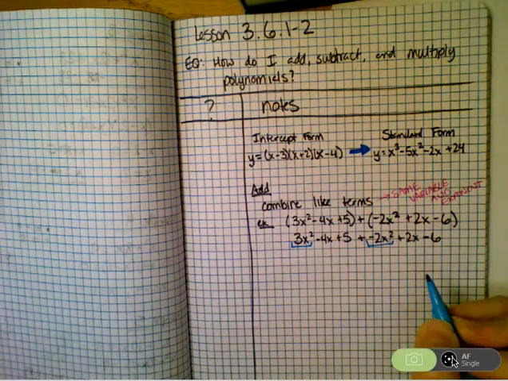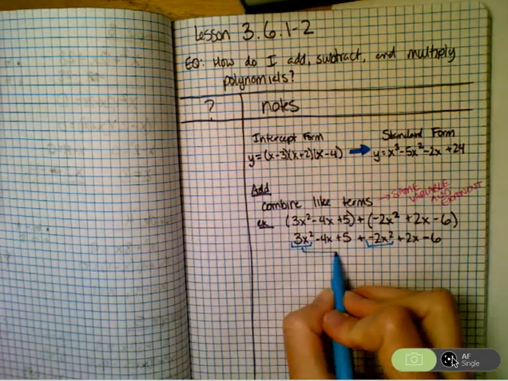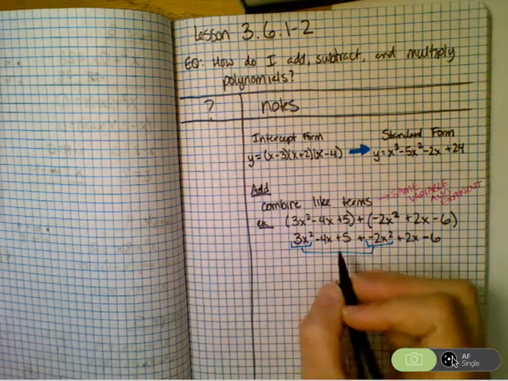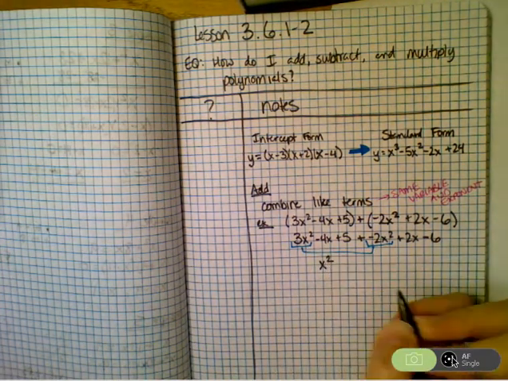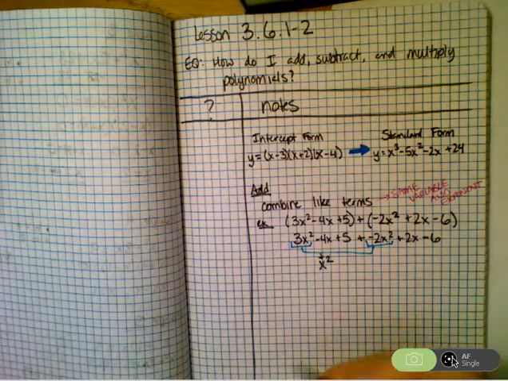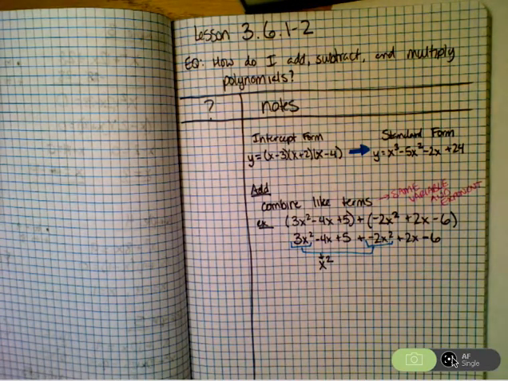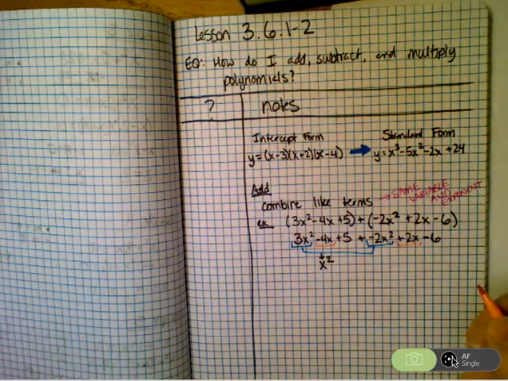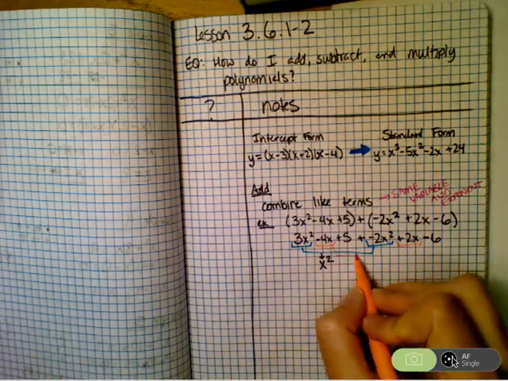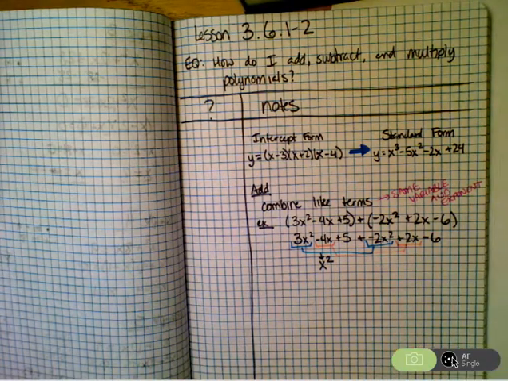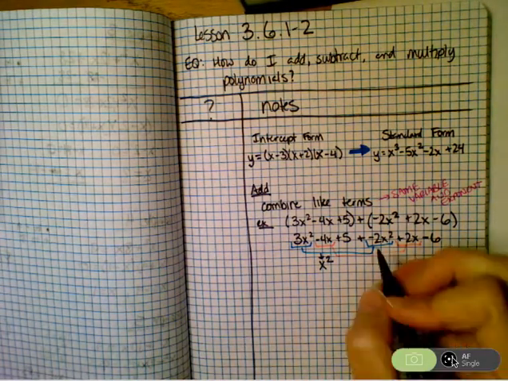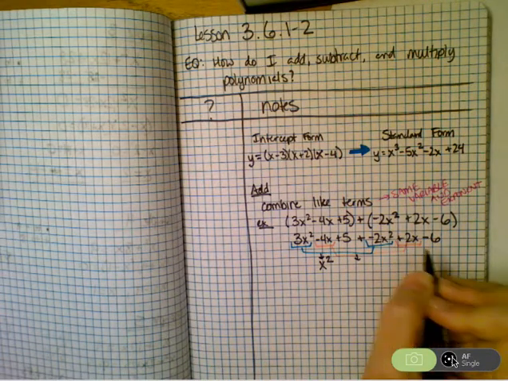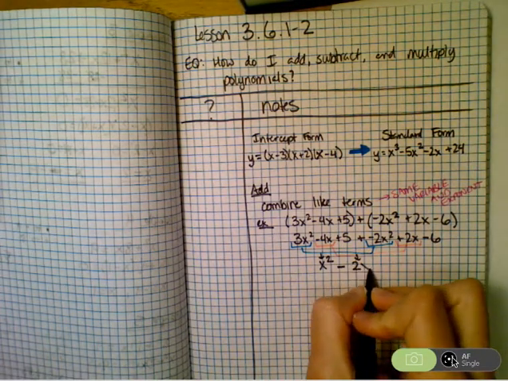So I've got those two. So 3x squared minus 2x squared, when I put those together, 3 minus 2 is 1x squared. So I'd get that from those two like terms. Negative 4x and positive 2x. Negative 4 plus 2 leaves us with minus 2x.